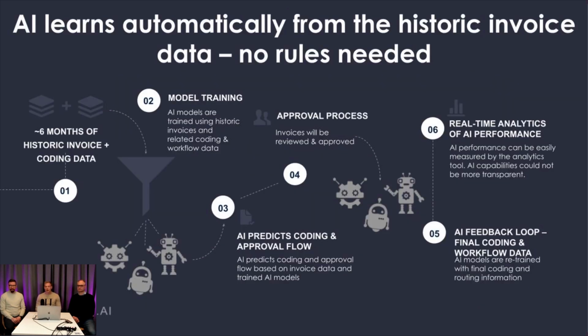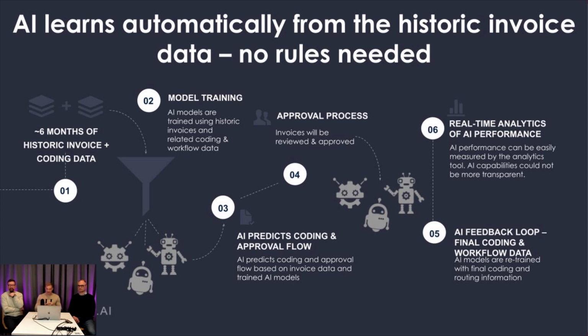But let's go through how the AI actually learns to process your invoices, or any company's or customer's invoices, automatically, and how it improves over time. First of all, when we are implementing AI, we always start with historic data. There are no rules that need to be created in the first place; we just extract historic data. It means historic invoices, meaning the original invoice image and then the OCR structured file.